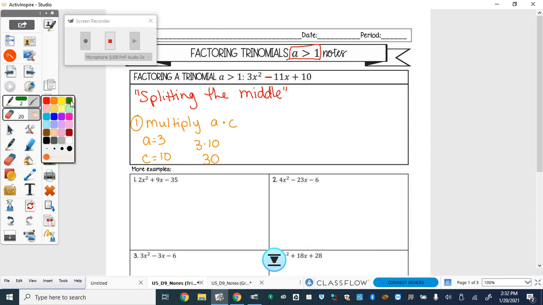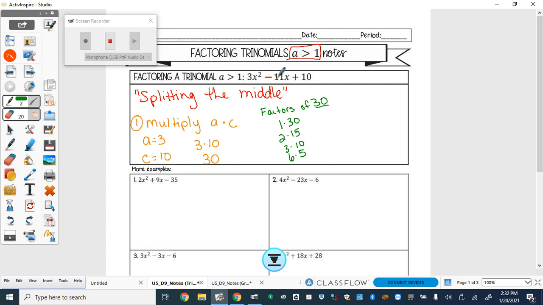So what we are going to be looking for are factors of 30. So let's see here, that's going to be 1 times 30, 2 times 15, 3 times 10, 6 times 5. So just like what we were doing before, we want our factors of 30, but we want them to be able to give us a negative 11 in the middle.